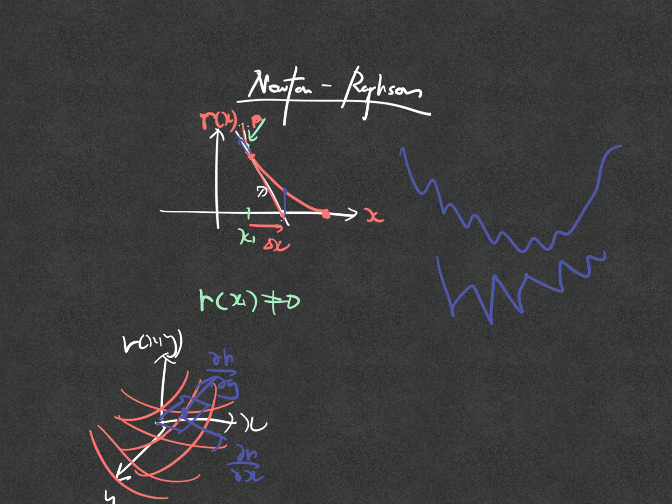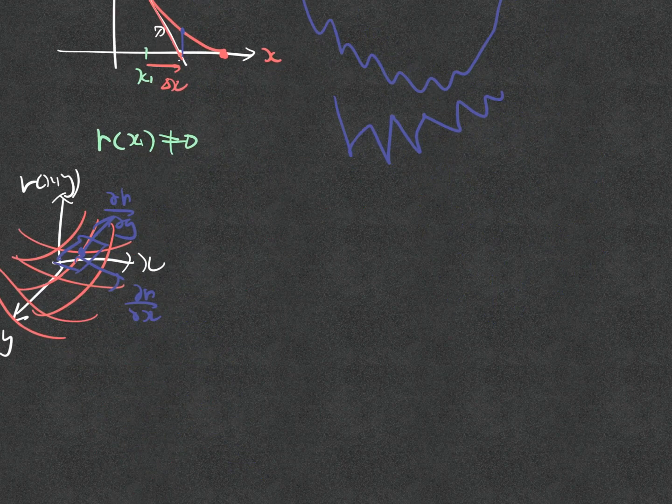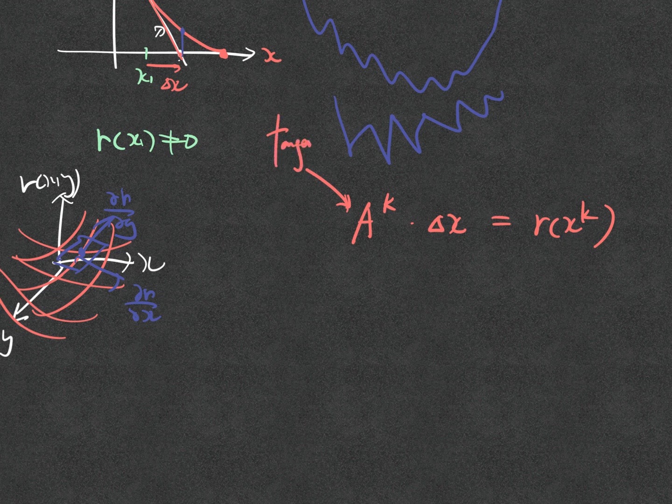Okay, so translating into multiple dimensions, what I actually want to obtain is the tangent, which I call A, such that A delta x equals the R at x_k. So A here is the tangent in multiple dimensions.